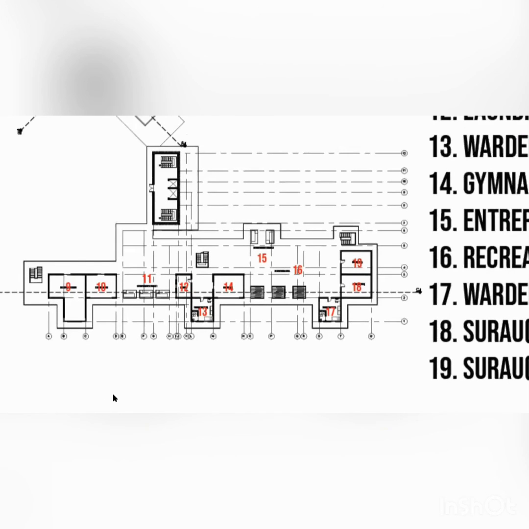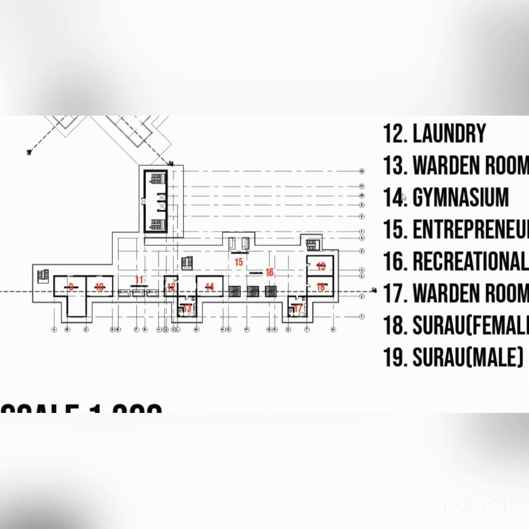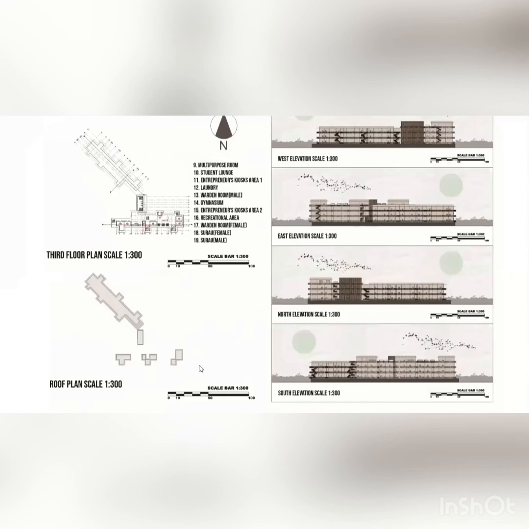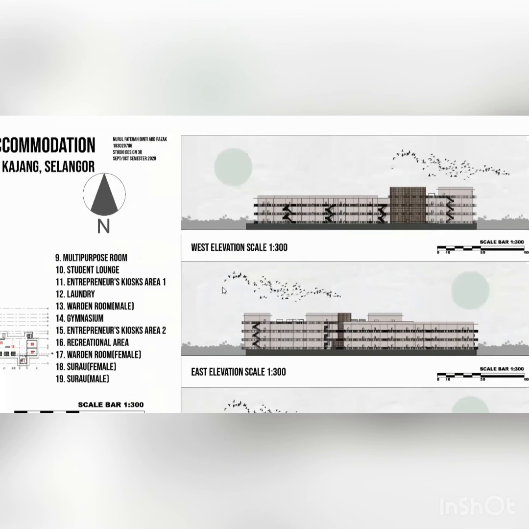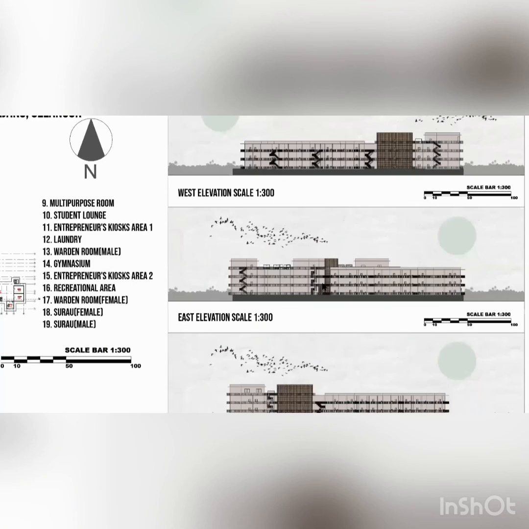So this is just the roof plan, and here are the elevations. The west elevation is the front elevation, the east elevation is the rear elevation, and this is the north elevation and south elevation.